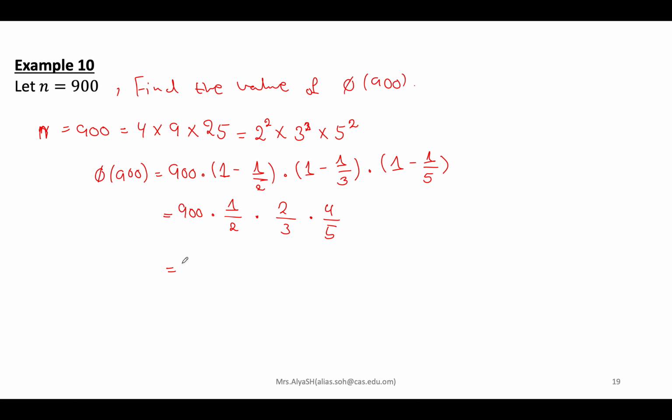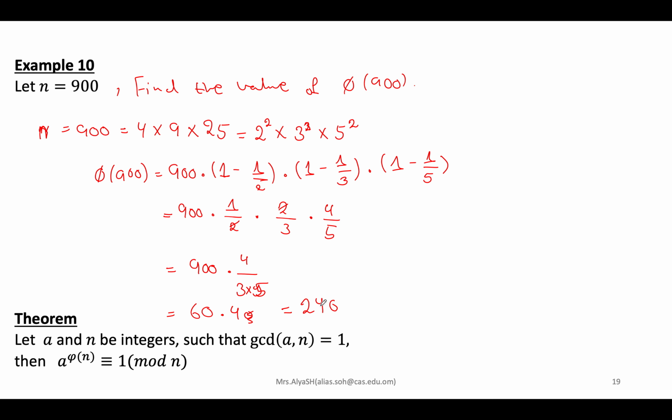And here we got phi of 900 equals 900 times 4 over 3 times 5, since 2 will go with 2, and this is equal to 16 times 15, and here phi of 900 equals 240.